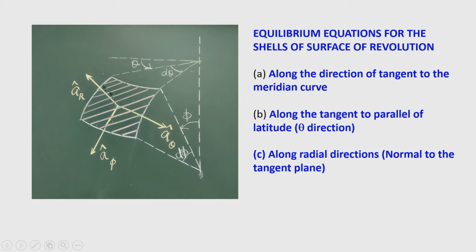Similarly, in the radial direction, with the positive direction of the axes denoted by the arrow shown here, we again collect all the components, sum up and equate to 0. In this way we will form the equilibrium equations.